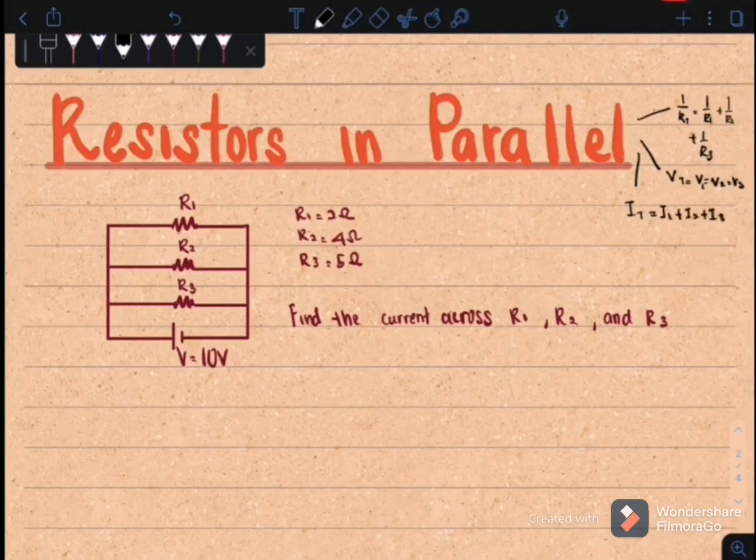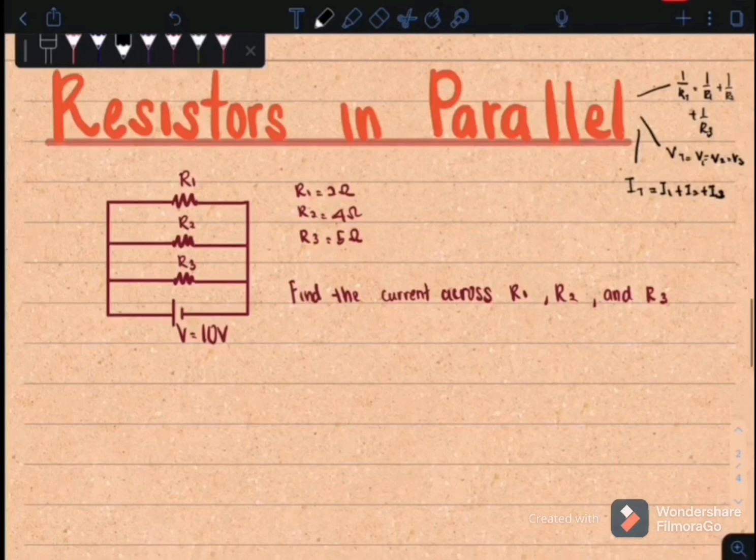So as you can see in the circuit here, the voltage given from the power supply is 10 volt. Therefore, the voltage across resistor 3, which is V3, is also 10 volt. Resistor 2, V2 is also 10 volt, and also resistor 1, V1 is also 10 volt because they are parallel to each other.